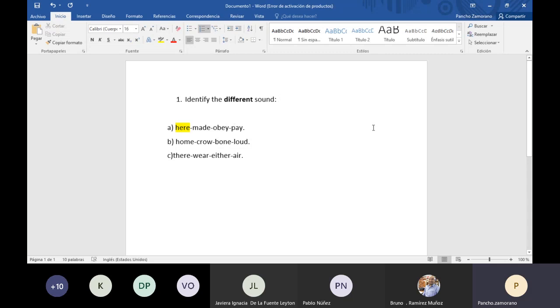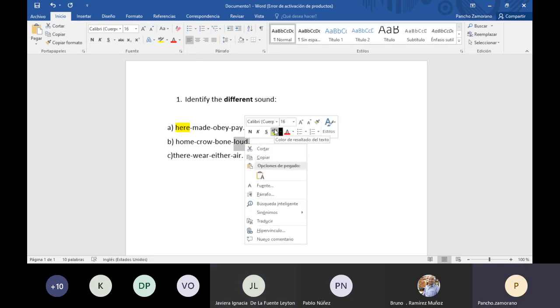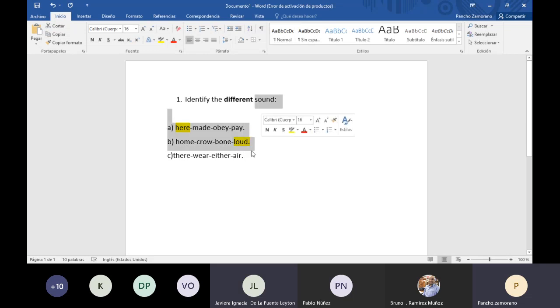Also, as the previous one, there is one sound that doesn't belong to the others. One that's different. The last one, loud. Yeah, you're correct. The last one is the different sound because you have O and you know.